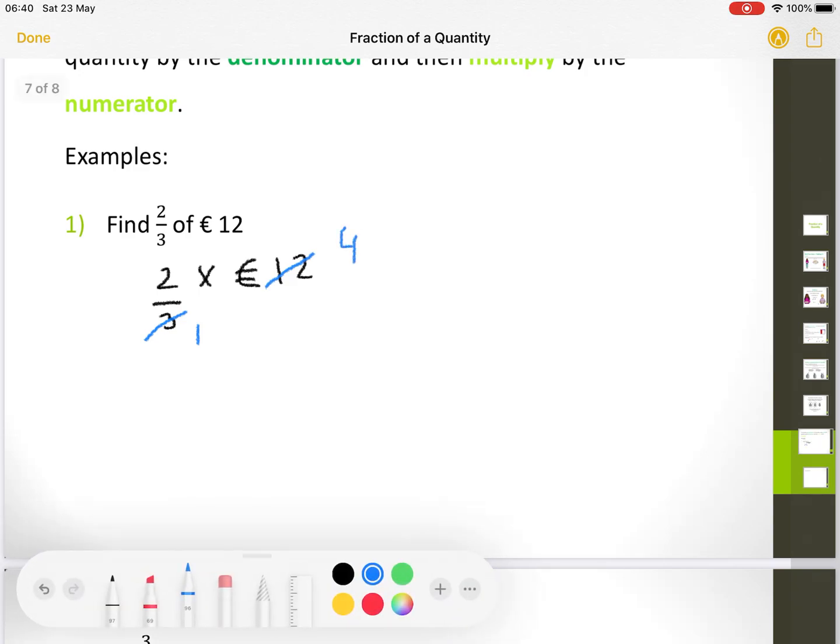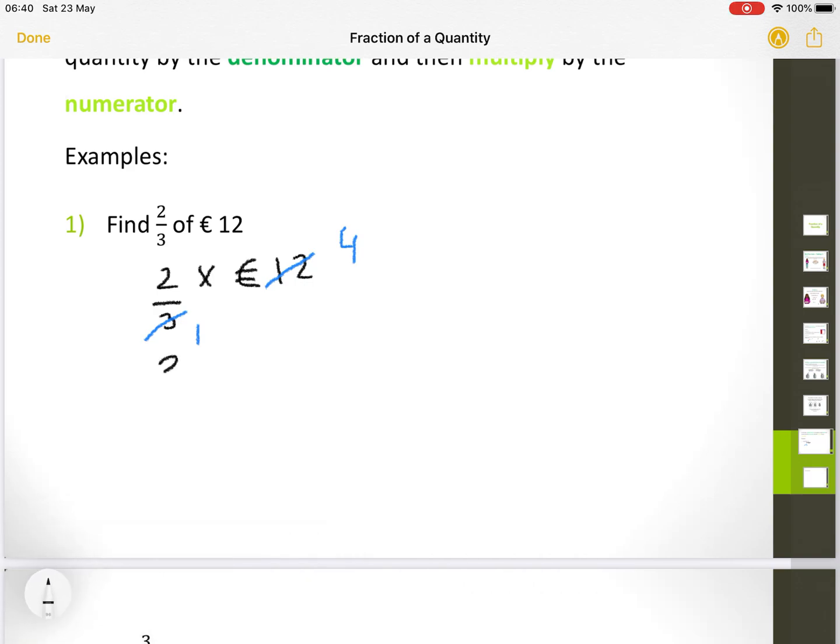Now I remain with 2 all over 1 times 4. 2 all over 1, 2 divided by 1. Any number divided by 1 is always itself. So 2 times 4 is 8. This is going to be the method that we're going to be using in secondary school from now on.